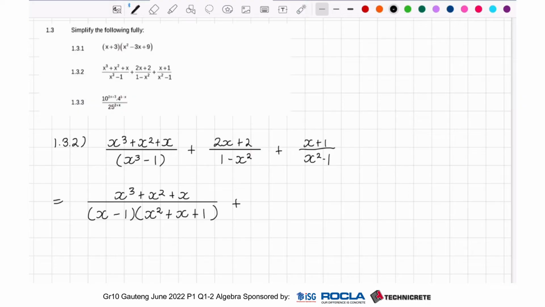Then for the next one, this is the difference of two squares, because I've got 1 which is a perfect square and minus x squared which is a perfect square. So I'm going to have two brackets again, and the first term in both of the brackets is going to be the square root of the first term in the original expression.